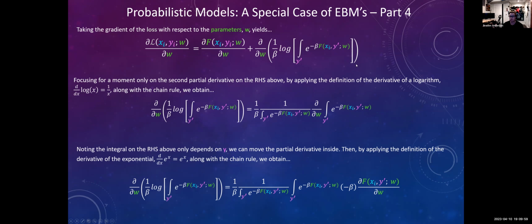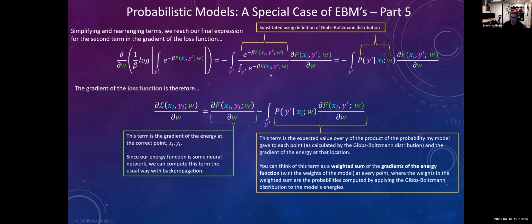We have to apply the derivative of a log is 1 over x and the chain rule. Again, we have another application of the chain rule with this exponential here. And we see that the gradient of the second term is starting to look scary, but something beautiful happens. And this equation for Gibbs-Boltzmann kind of reemerges.